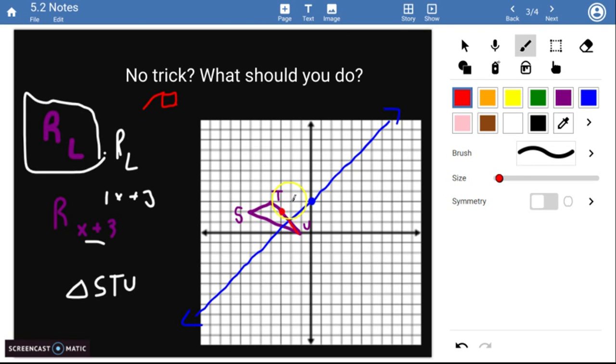That might seem kind of confusing. I wish I wouldn't have chosen something that overlaps. But that's where U prime would be. And then T, from this line, is 1, 2 diagonal boxes over. So instead, this way, 1, 2. So T prime would be right here.